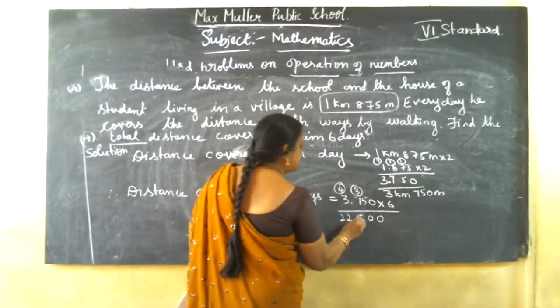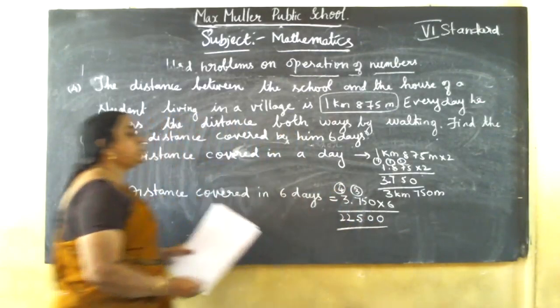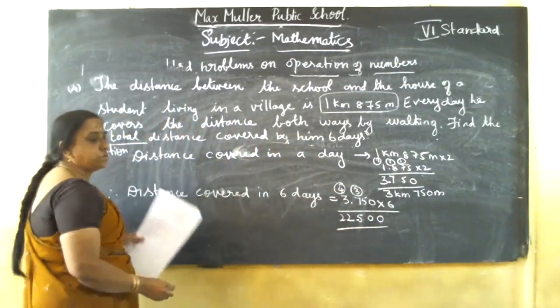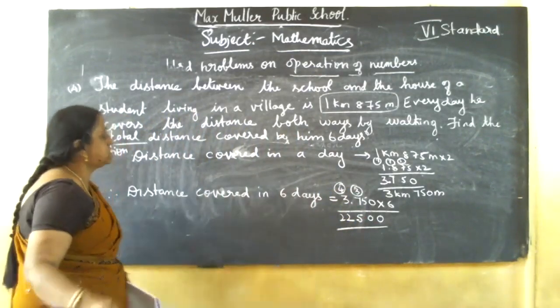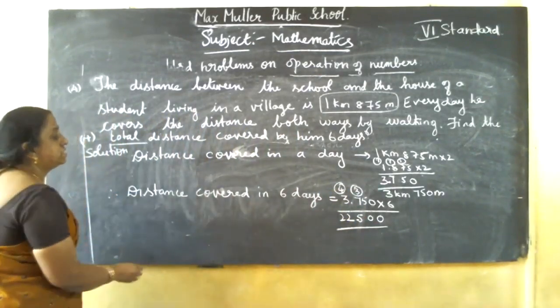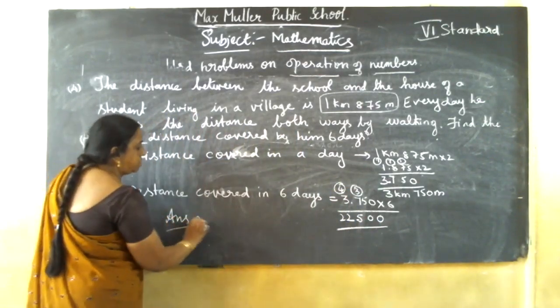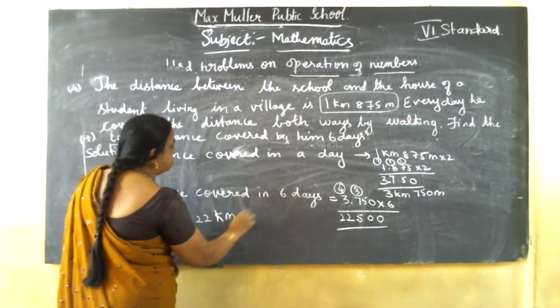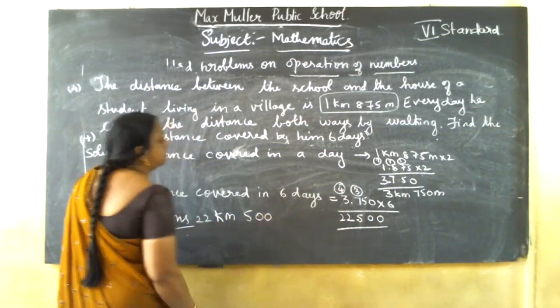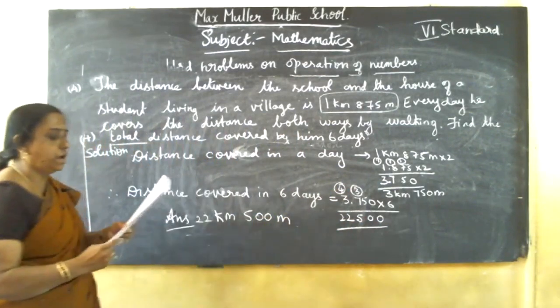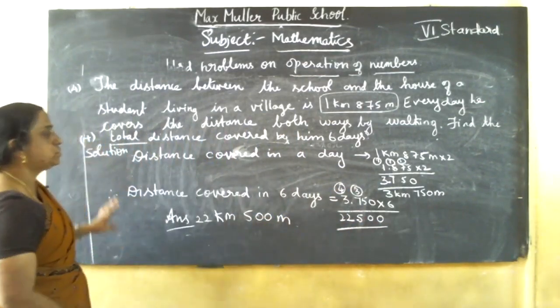So after 3 digits, the decimal point. So 22 kilometers and 500 meters he used to cover. Got it? How much distance in 6 days he used to cover? Answer: 22 kilometers and 500 meters.